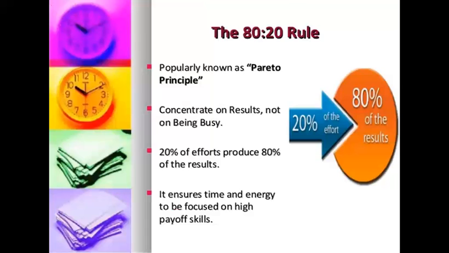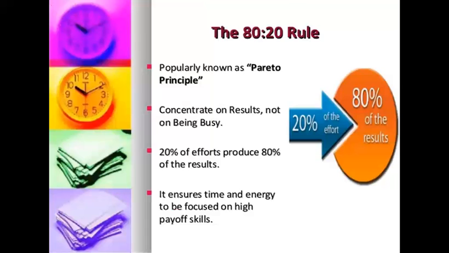When applied to work, it means that approximately 20% of your efforts produce 80% of the results. So, learning to recognize and then focus on that 20% is the key to making effective use of your time.